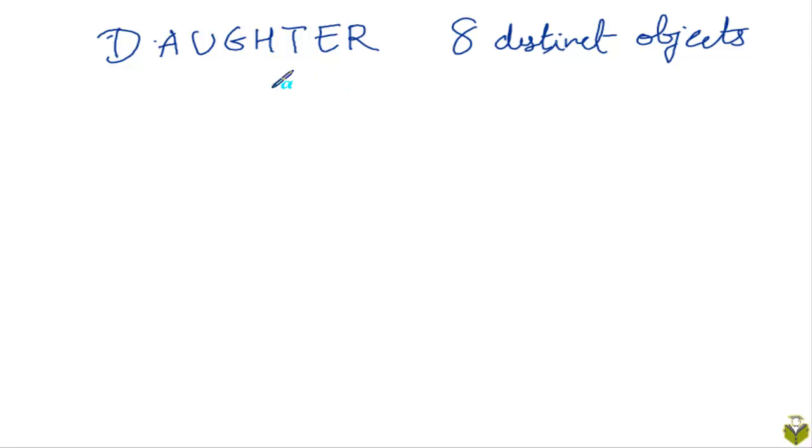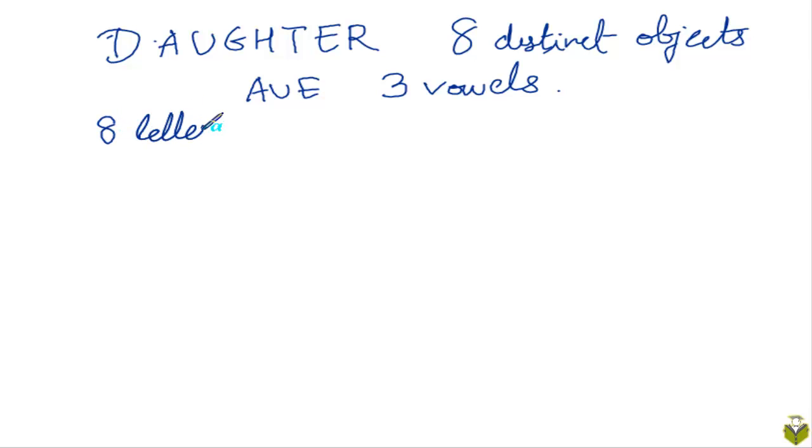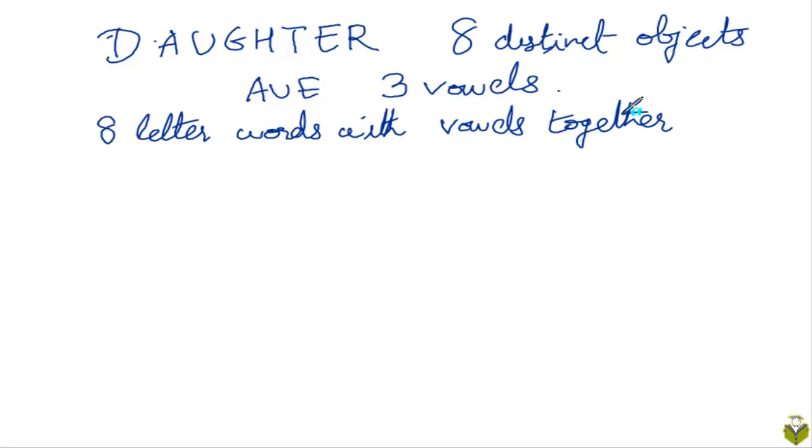So we have A, U, and E, 3 vowels. And we have to form 8-letter words with vowels together. So that is the objective. Like I said in the hint, try to see what it means to have vowels together.